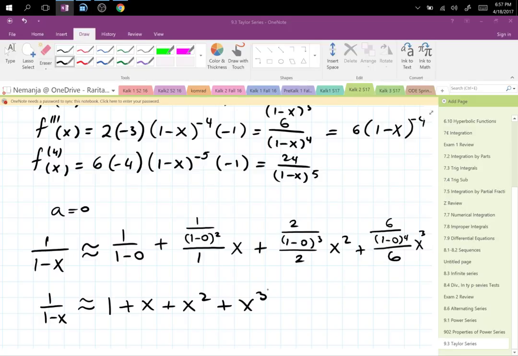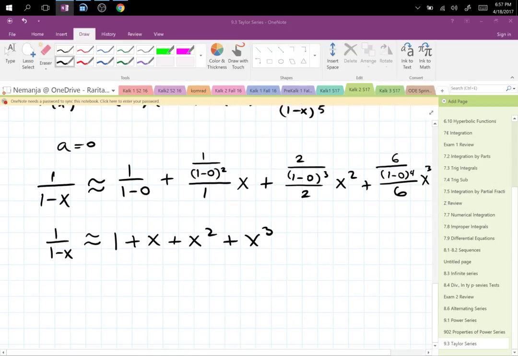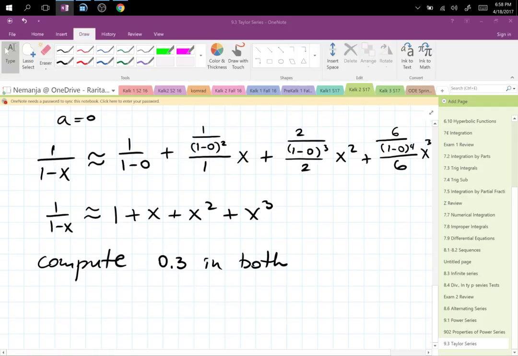This approximation is good for terms that are around 0. Shall we test this? Let's test this. Compute 0.3 in both, on the left and on the right. So what do you get? On the left is 1 over 1 minus 0.3, which is 1 divided by 0.7, which is what?